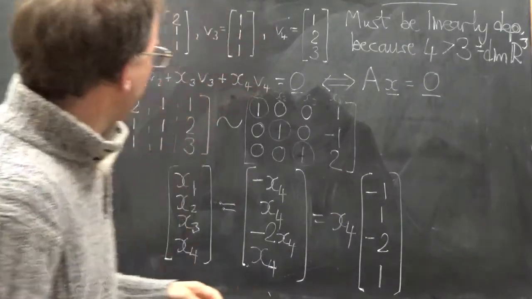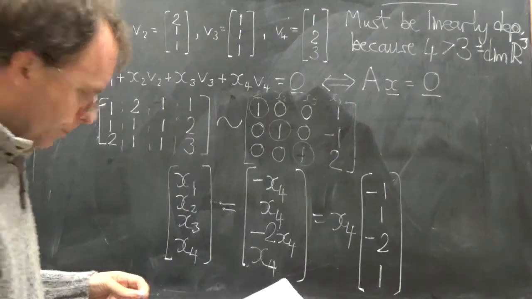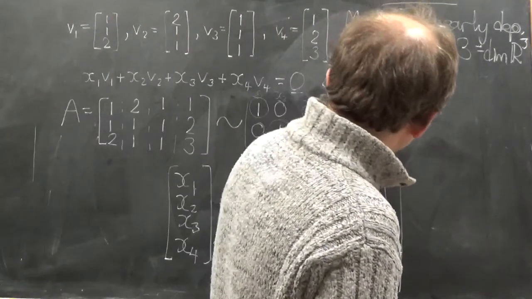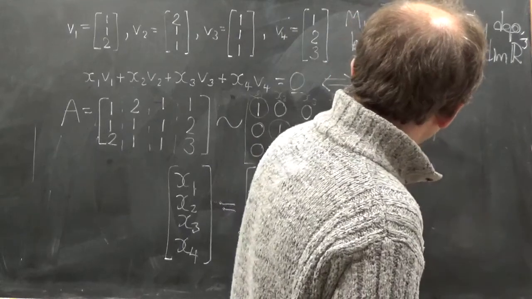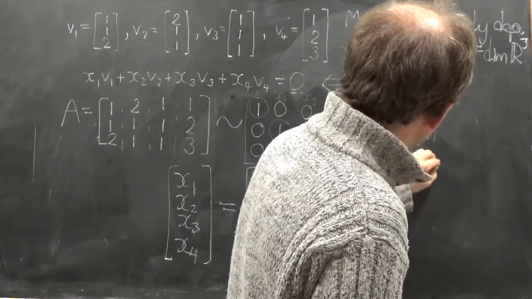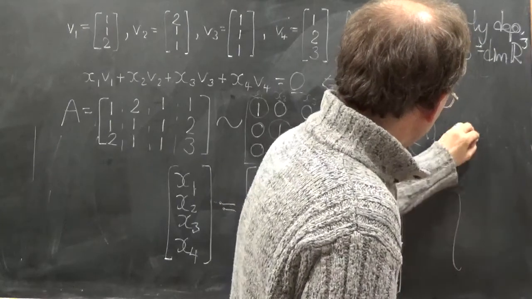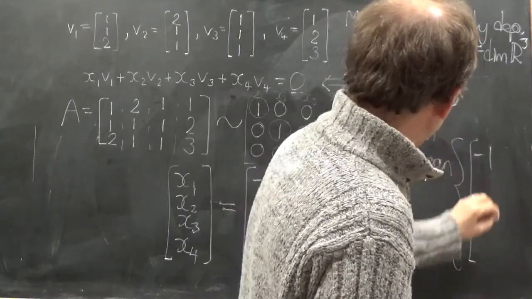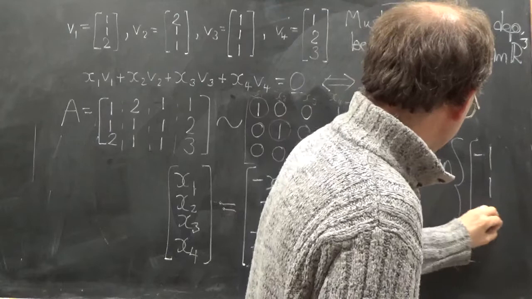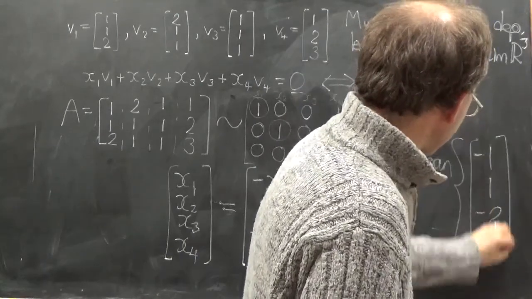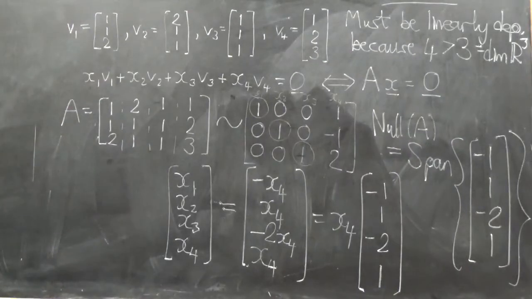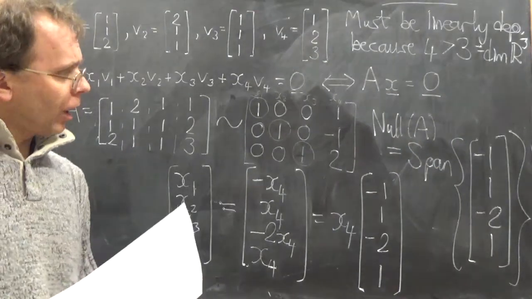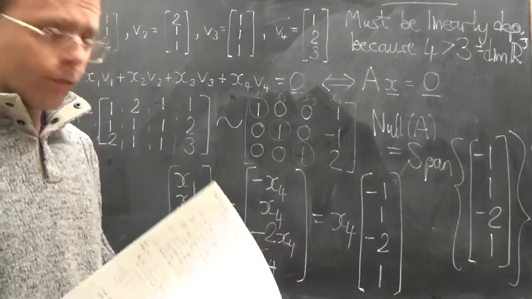So the conclusion is that the null space of A is equal to the span of this vector. Okay. So all possible multiples of minus 1, 1, minus 2, 1.